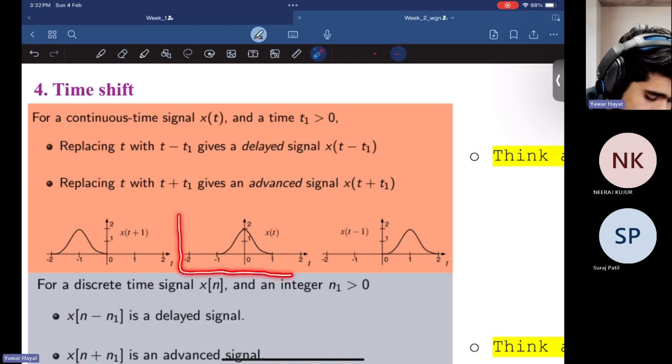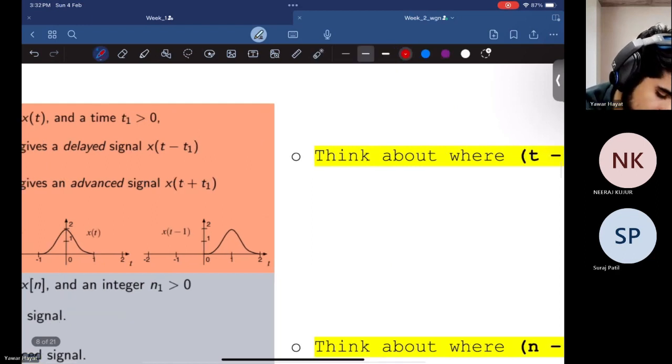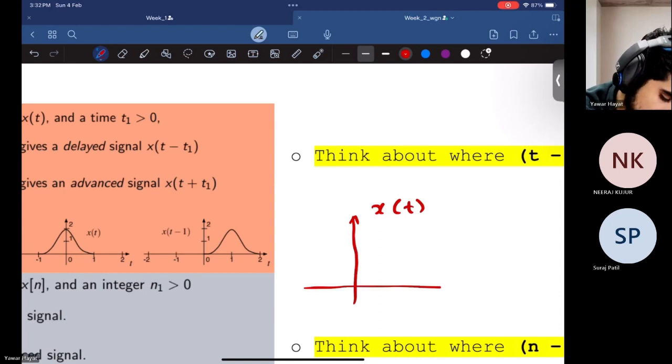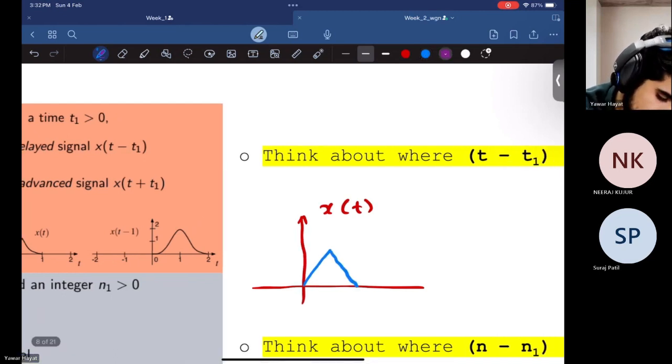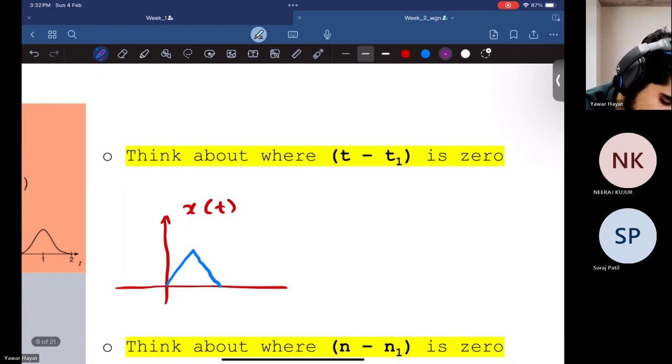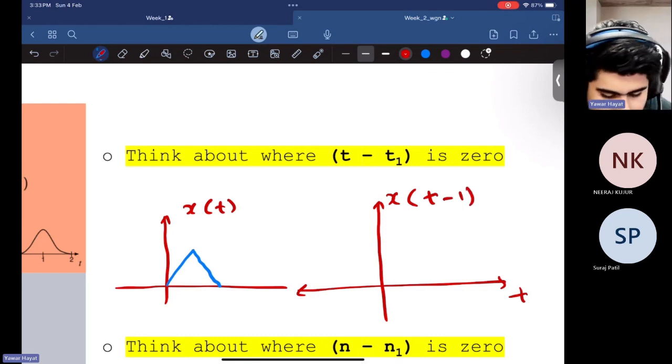Let me make one. Suppose I have a signal x of t, right? This is that signal. And I need the signal x of t minus, say, 1, right?